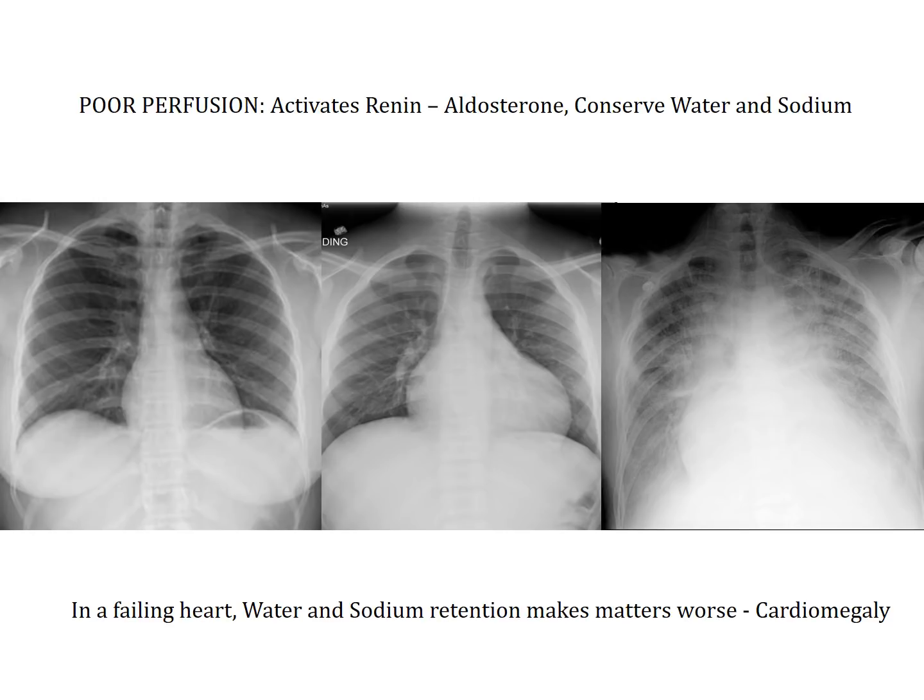Sodium and water retention leads to dilation of the heart. Dilation of the heart further decreases perfusion, leads to more sodium and water retention. And now you're in this vicious cycle that leads to cardiomegaly, increased size of the heart, and the impaired perfusion is going to lead to backup of blood flow.